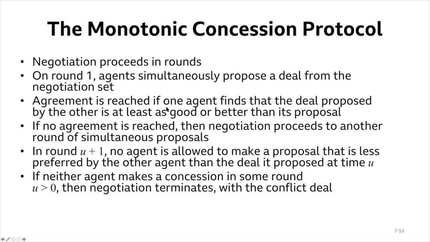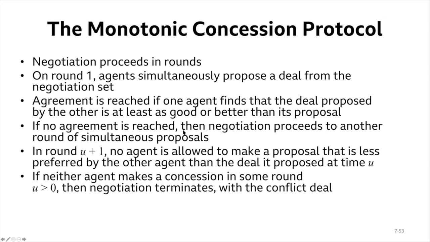Now agreement is reached if one agent finds that the deal proposed by the other is at least as good or better than its current proposal. So in other words, if you've made a proposal which makes me at least as well off or better off than the proposal that I currently make, then we've got agreement and we're done. And if agreement is reached, then negotiation immediately ends, and it ends with the agreement deal.